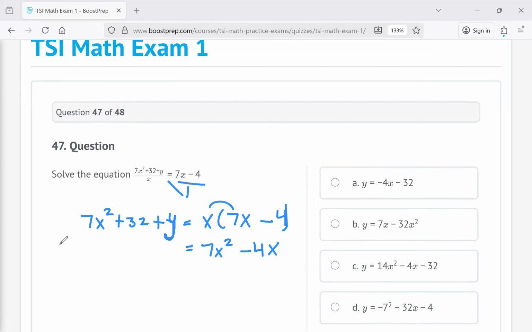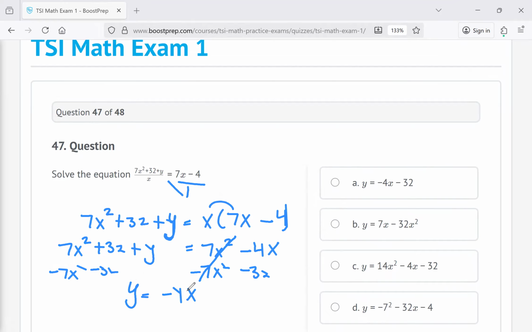Right here we have 7x squared plus 32 plus y. And then you go ahead and solve for y, so you're going to subtract 7x squared and then subtract 32. The 7x squared cancels, and then maybe I'll put the x term first, so -4x minus 32. Yep, letter A. Not bad, right?